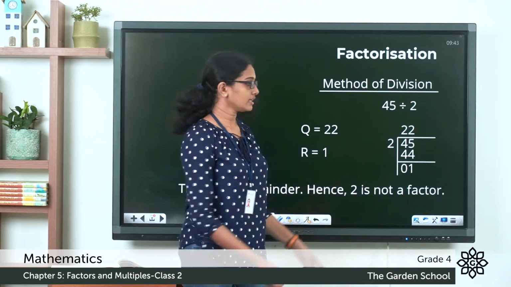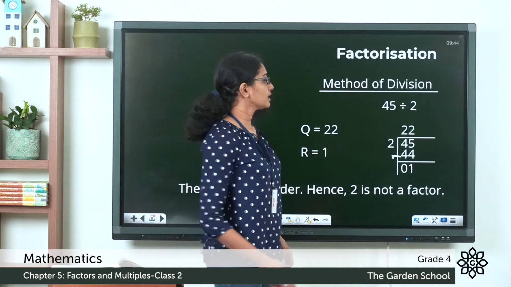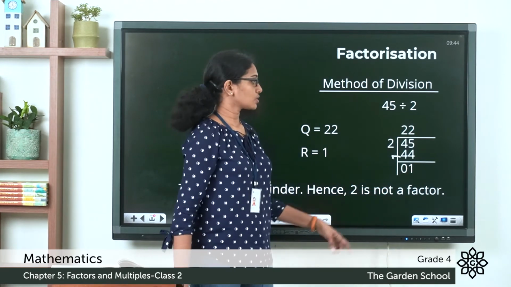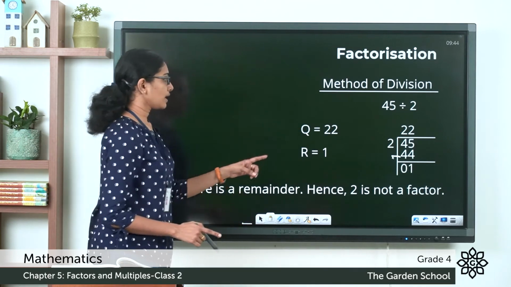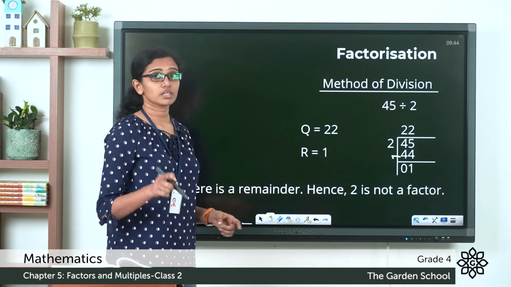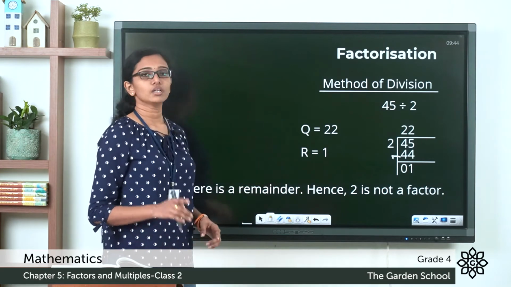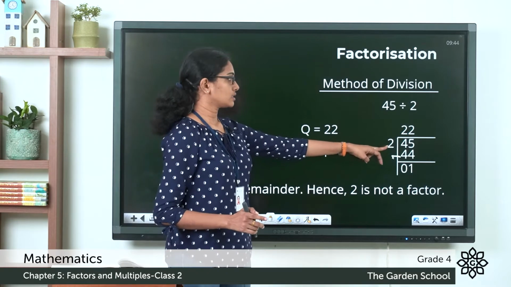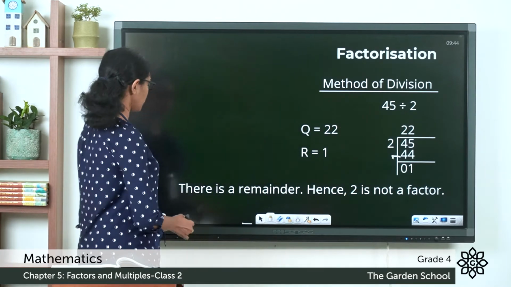So, we have written that here. Subtracting these two numbers will give you a remainder 1, right? Dividing 45 by 2 will leave you a remainder. So, the division is not complete. Since there is a remainder, we can say 2 is not a factor. See, 2 and 22 both are not factors of the number 45.